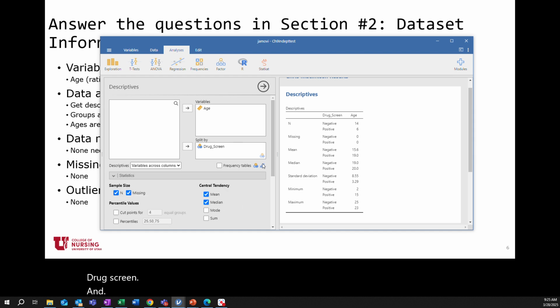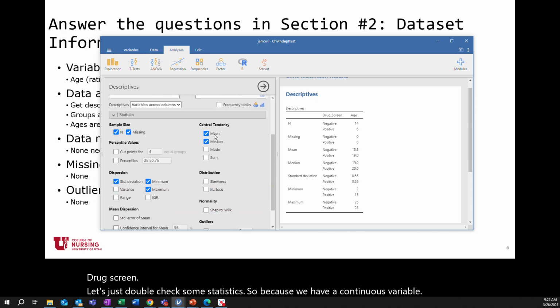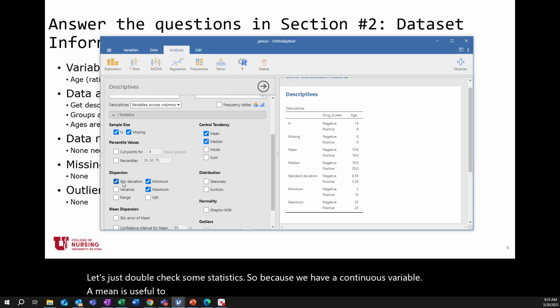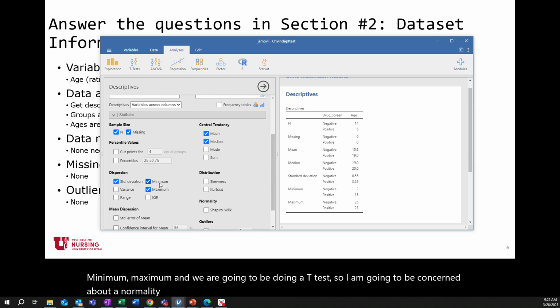And let's just double check some statistics. Because we have a continuous variable, a mean is useful to get, standard deviation, minimum and maximum, and we are going to be doing a t-test, so I am going to be concerned about a normality assumption down the road.